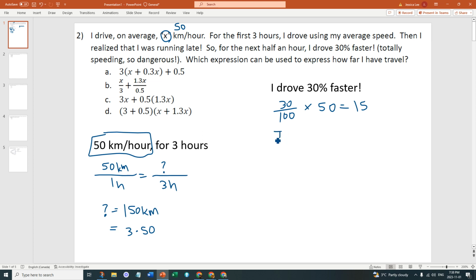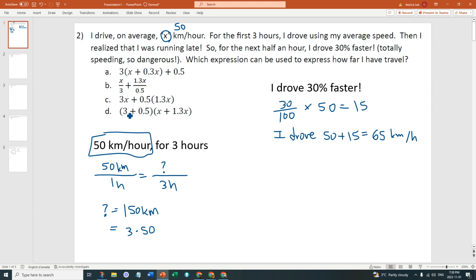So I drove for the last half an hour at 50 plus 15, which is 45 kilometers per hour, right? Faster than, sorry, 65. I was thinking faster. 45 is not faster than 50, but 65 is faster than 50.